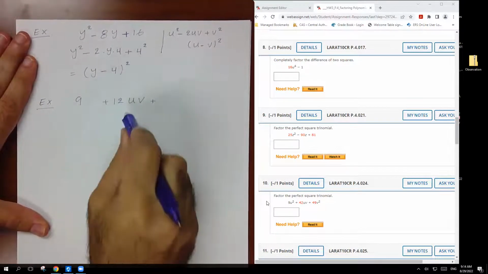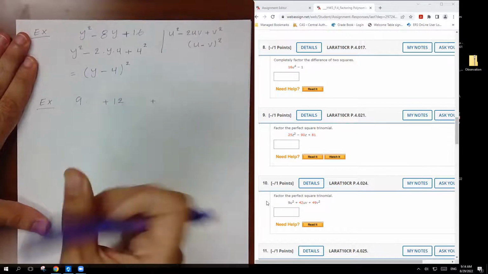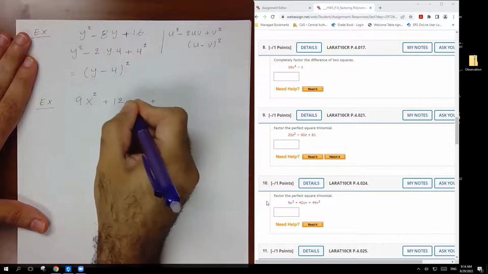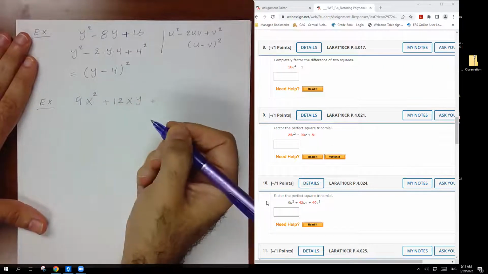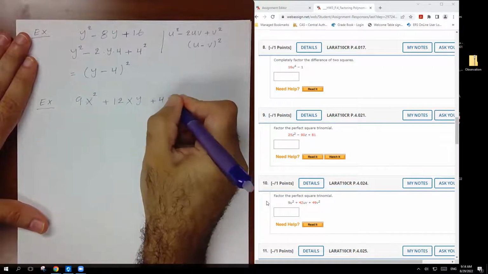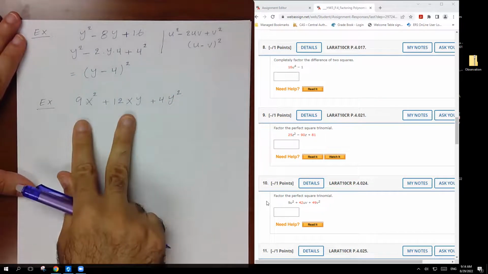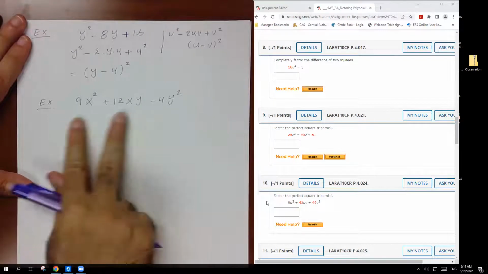Let's change these two variables. Let's do x and y. X squared, and here is xy, and here is 4y squared. They're going to ask you to use the perfect square. So let's look at this one.